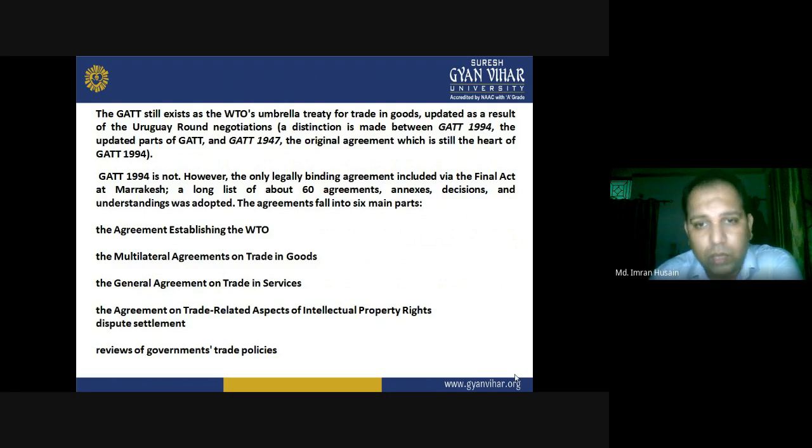And what are those parts? The agreement establishing the WTO, the multilateral agreements on trade in goods, the General Agreement on Trade in Services, the Agreement on Trade-Related Aspects of Intellectual Property Rights, dispute settlement, and reviews of government trade policies.